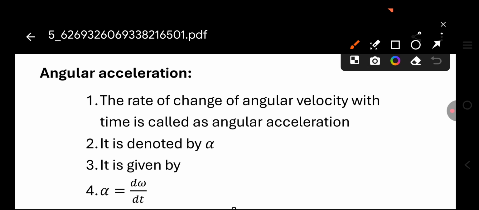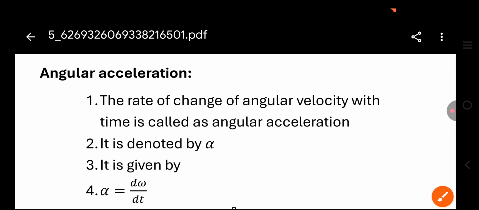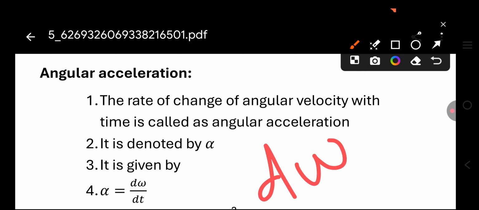Angular acceleration is denoted by alpha, and it is given by alpha equal to d omega upon dt, where d omega means change in angular velocity and dt is time.